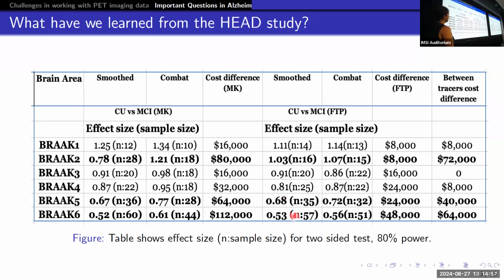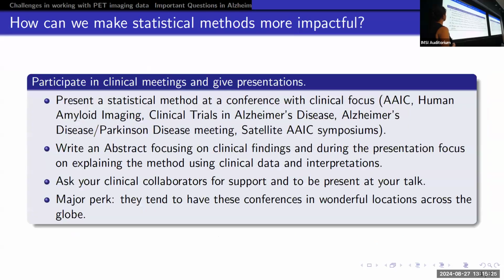For the FTP, between smoothed and ComBat, the effect sizes and sample sizes vary, and the difference in cost is between $8,000 and $48,000. And between tracers, the differences range from no difference to about $64,000. And that's just based on the method that you're using, smoothing, ComBat, whatever it is. Being non-consistent, you can see these differences.